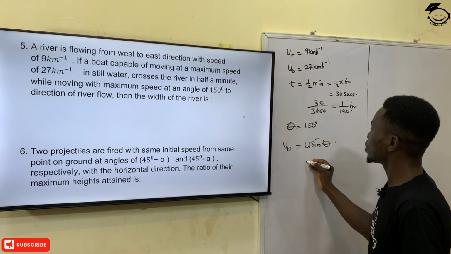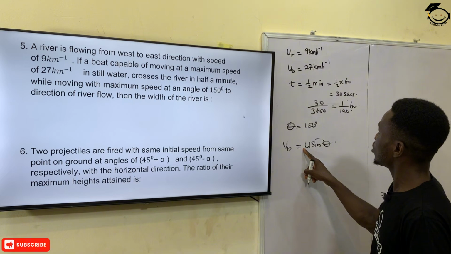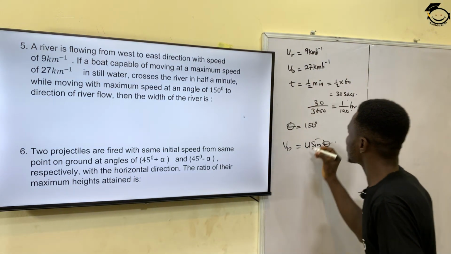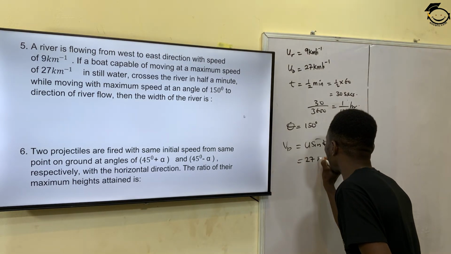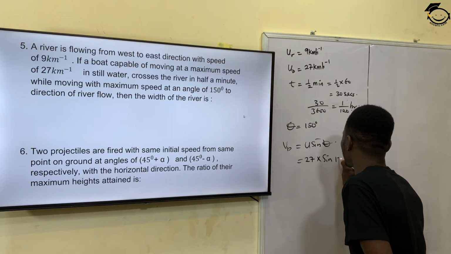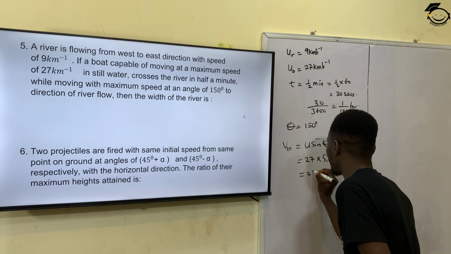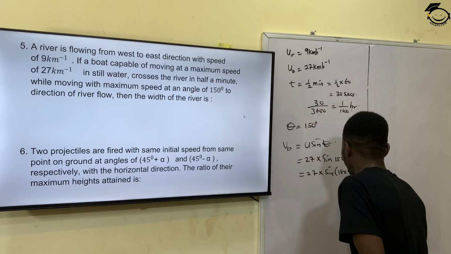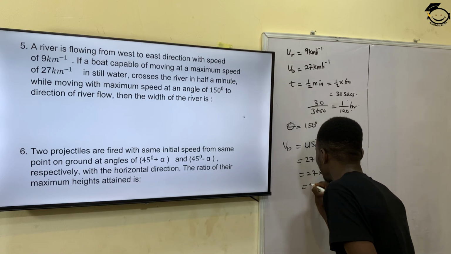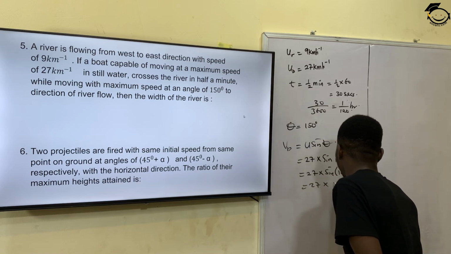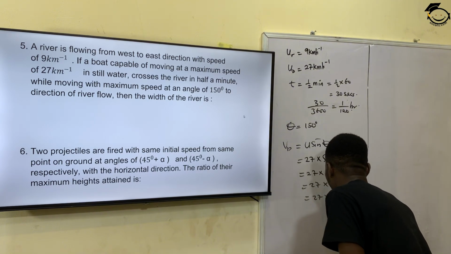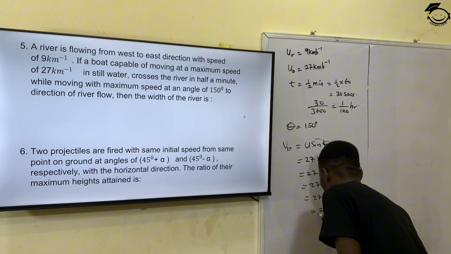So since we know that the initial velocity of this boat is 27 km/h, this means that I have 27 times sine 150, which is the same as saying I have 27 times sine of 180 minus 150, which will give me 27 times sine 30, and that will give me 27 times 1 over 2, which will give me 27 over 2.